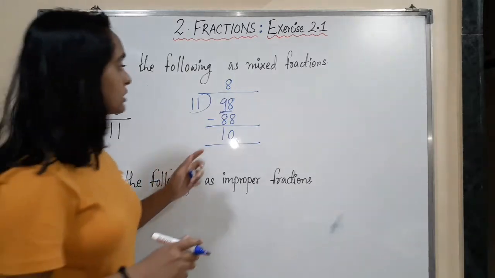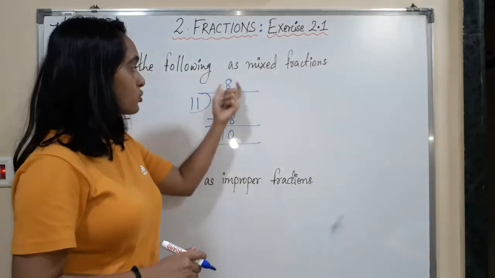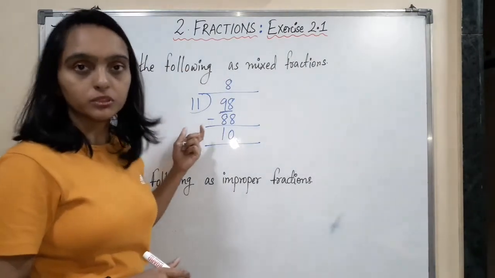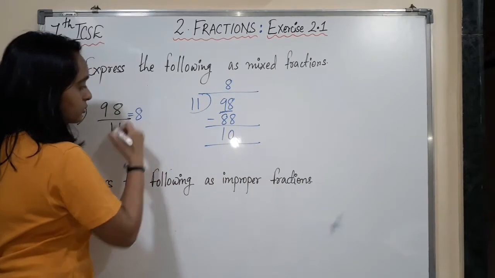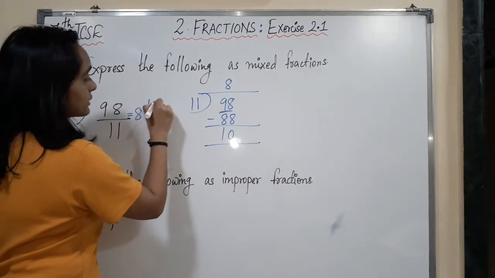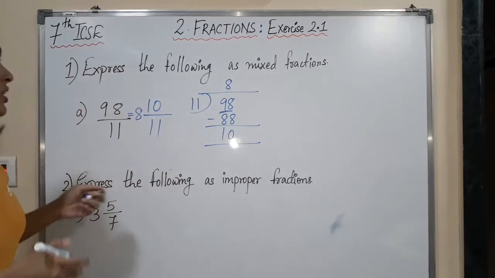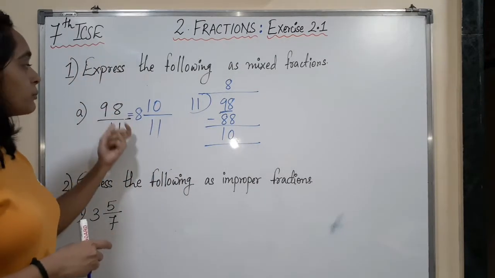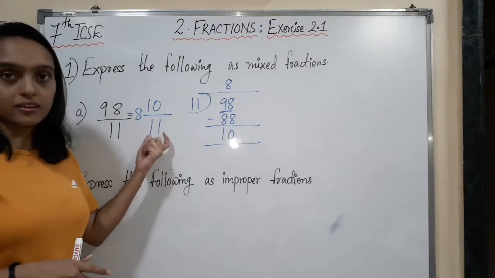Here the rule is to take the remainder as the numerator and the quotient as the whole number. So you will get 8 as the whole number and 10 as the numerator, and the denominator is the same as before, that is 11.